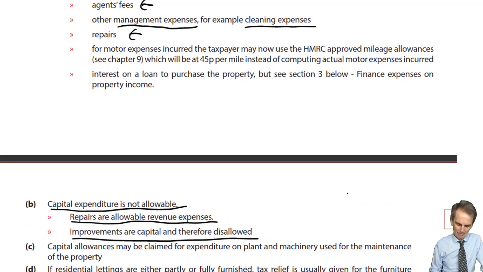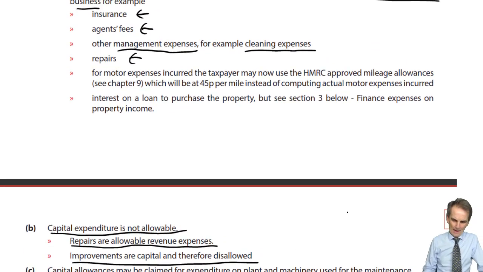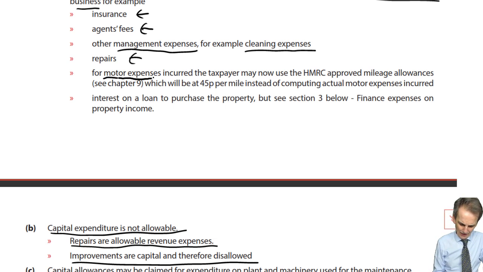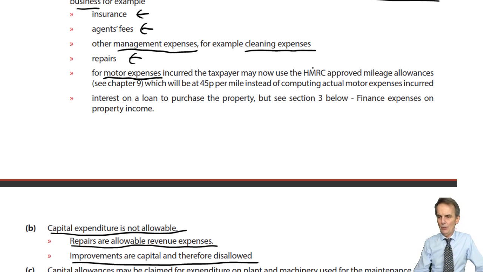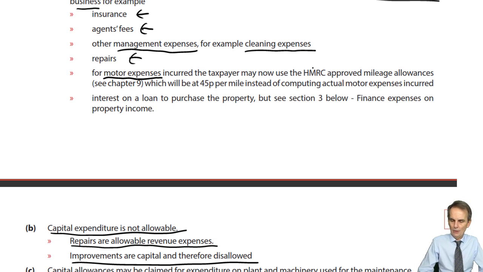Just back up here, down to repairs. Not that there'd be many of these, but motor expenses incurred by the taxpayer: you go and visit the properties on a regular basis. You don't live there, obviously, it's a separate rental property that we're talking about, and you drive X number of miles to visit the property to check it out and then back again.